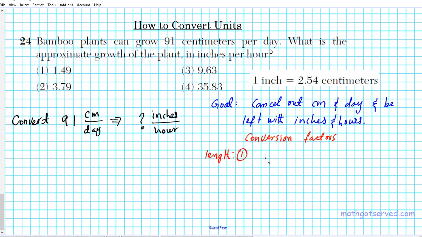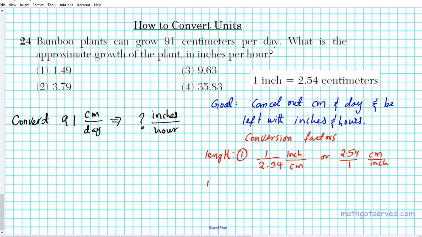When converting lengths between centimeters and inches, you either multiply by 1 over 2.54, that is 1 inch per 2.54 centimeters, or you multiply by 2.54 over 1, which is centimeters per inch. These are the conversion factors to go from centimeters to inches or from inches to centimeters.